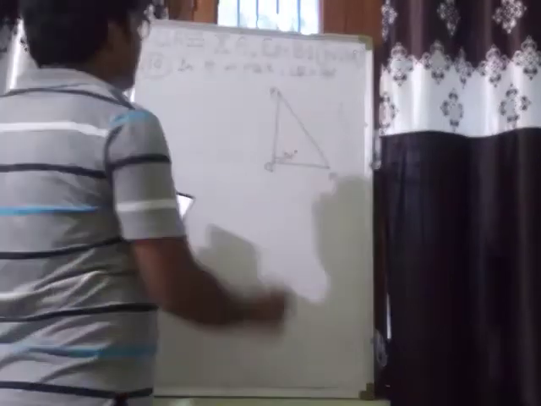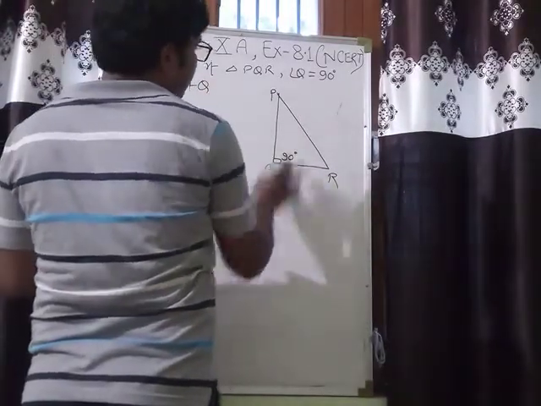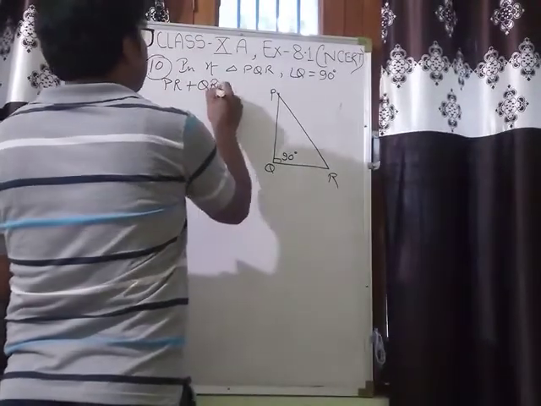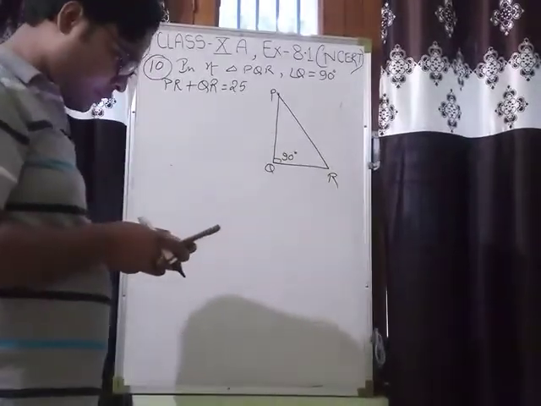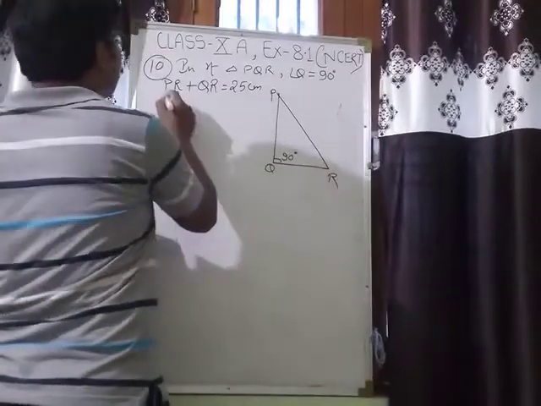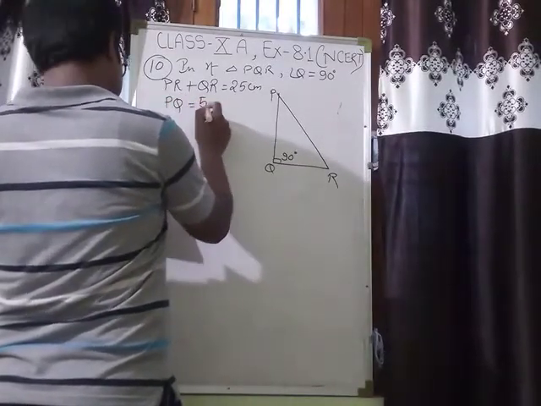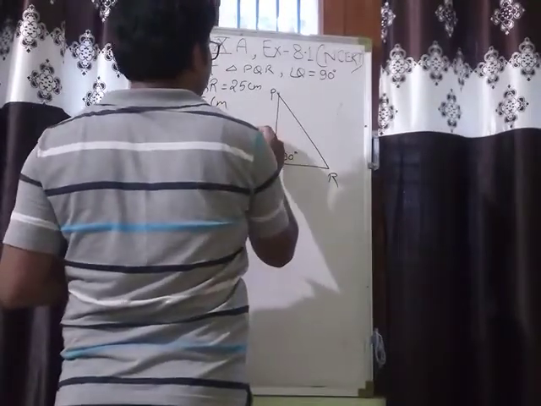It is given that PR plus QR, PR being the hypotenuse and QR one of the legs, is equal to 25 centimeters. And PQ has length 5 centimeters, this one.